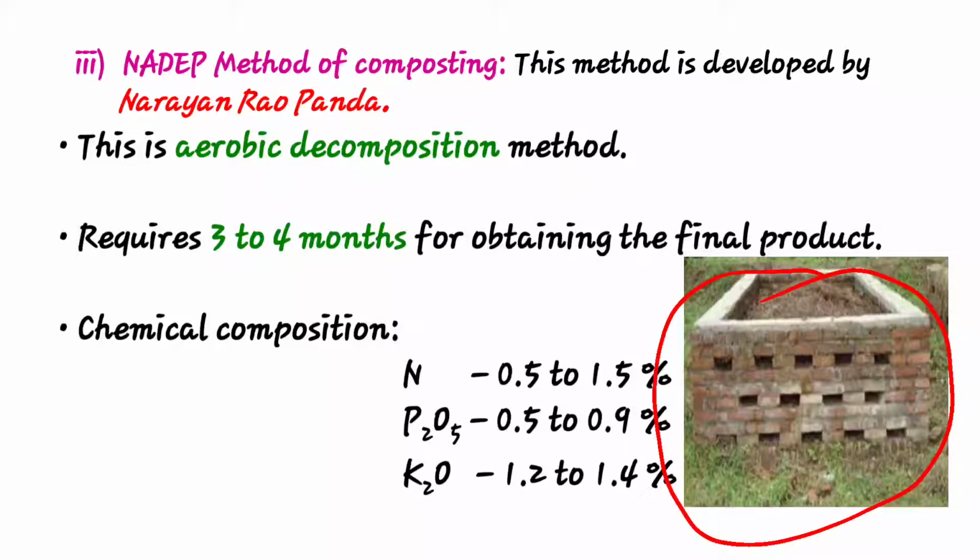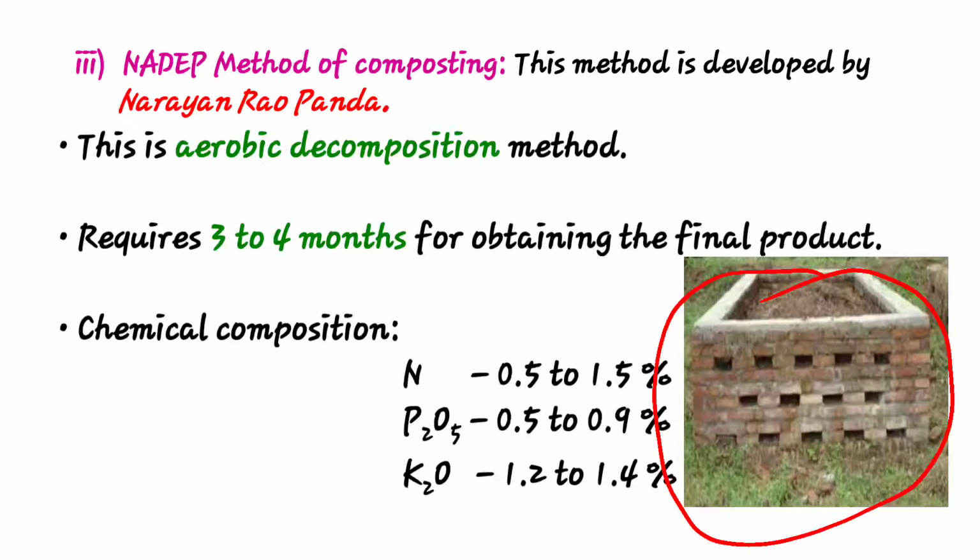Then see the method of filling the tank. How do we fill the tank? Firstly, make a slurry of cow dung and water, and sprinkle it on the earth.